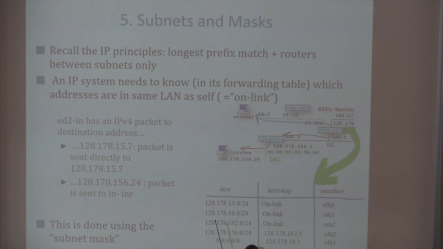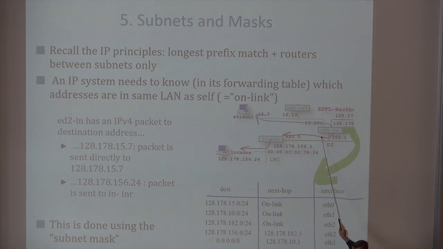The IP theory says it should be done by analyzing the destination address and the mask. Which mask? The mask of the destination or the mask of me? Well, the answer is the mask of me. In fact, the masks of all my interfaces. This one has 3 interfaces. Each of them may have a different mask.